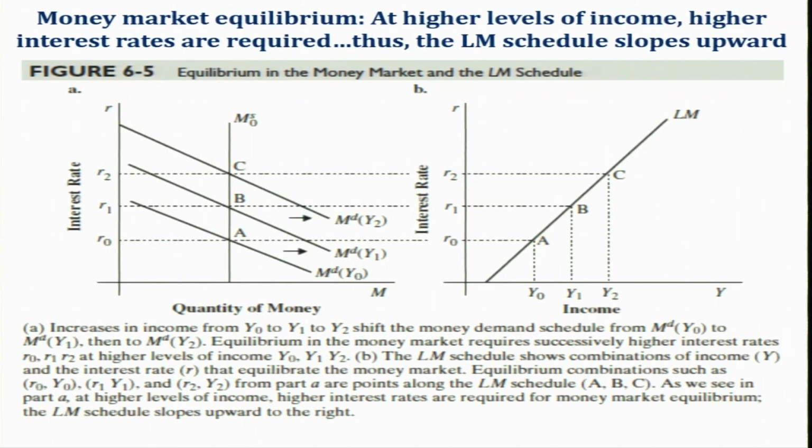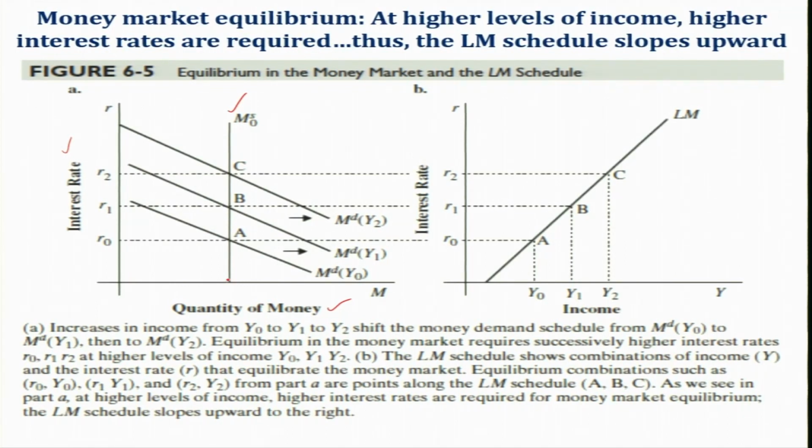Since our assumption is that money supply is fixed, in this diagram I am putting the rate of interest on the y axis and the quantity of money on the x axis. First, the money supply curve is a vertical one. It is interest inelastic, exogenously fixed, and arbitrarily fixed by the monetary authority.